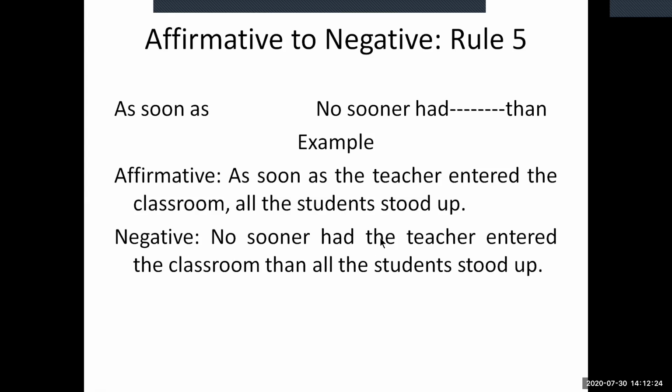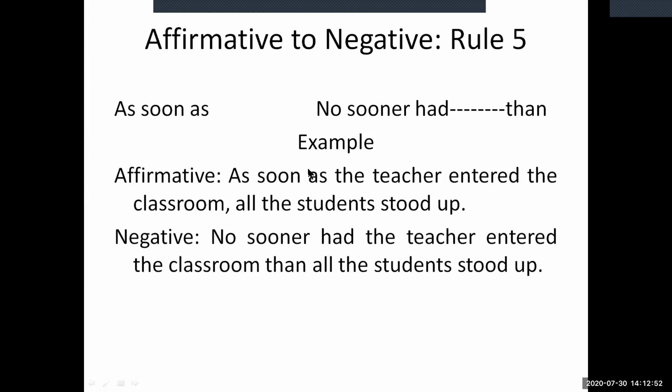Here is another point to be remembered, that we can certainly use "as soon as" with universal truth. In that case, to make that sentence negative, we don't need to consider the word "had." For example, as soon as the sun rises in the morning, darkness of the night disappears.